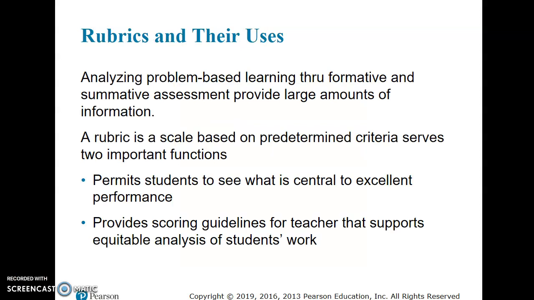Rubrics and their use. Analyzing problem-based learning through formative and summative assessments provides large amounts of information. A rubric is a scale based on predetermined criteria serving 2 important functions. They permit students to see what is central to excellent performance, and provide scoring guidelines for teaching that support equitable analysis of students' work.